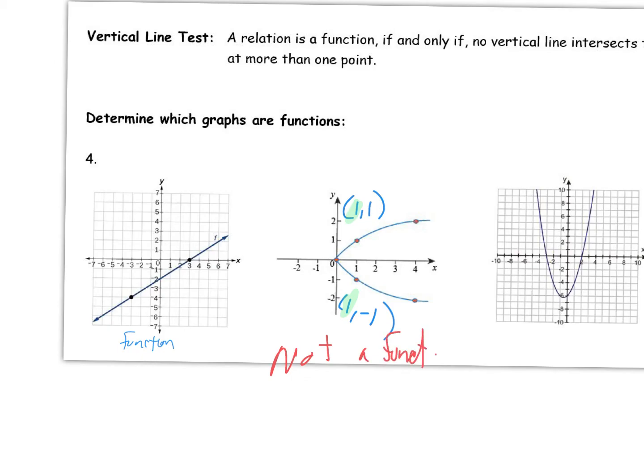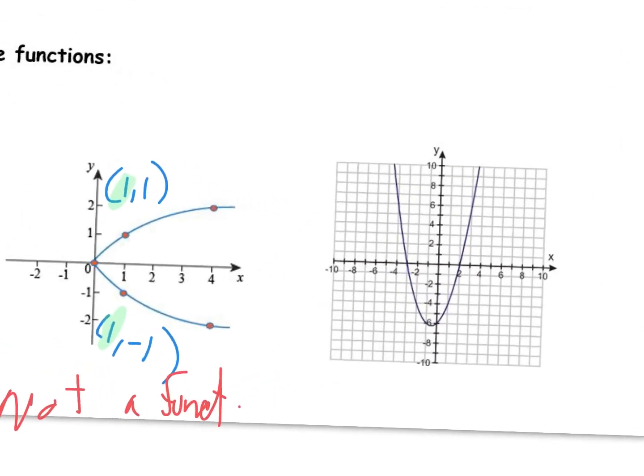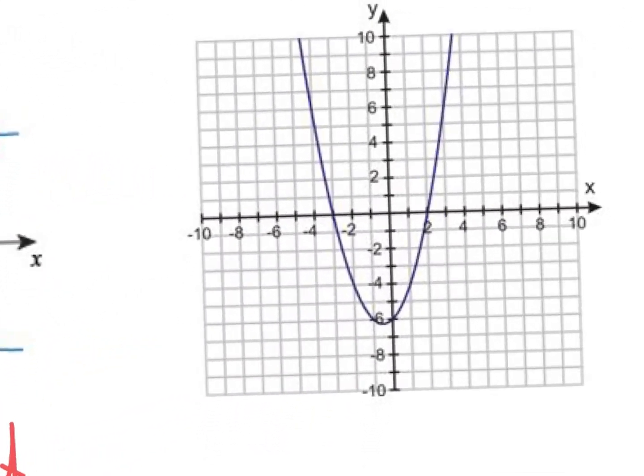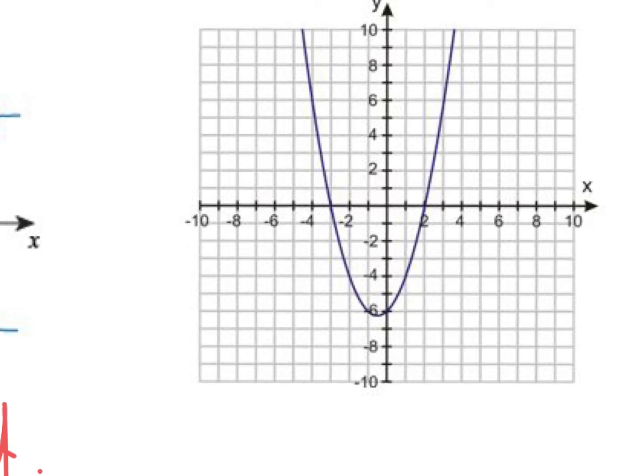All right, let's move over to the third one. Now this one I'm going to zoom in on. This one's going to be a little trickier to see. I'm going to break out the lightsaber. It's going to look like it, but again, I'm only touching one place at a time.